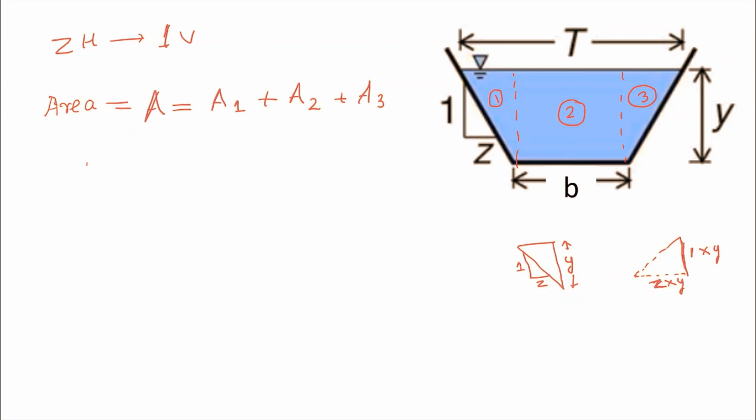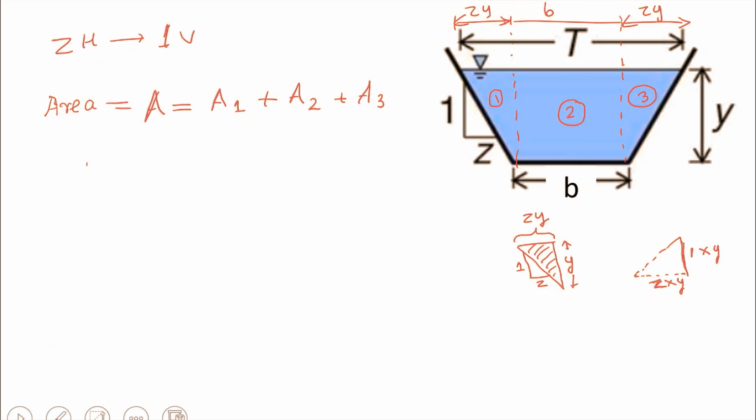So I can say from this triangular section, if y is the depth or altitude and 1 in z is the slope, then the distance or length of this base will be z times y. Okay, clear? So this length will be zy, and from the figure we know this is b, and another zy.